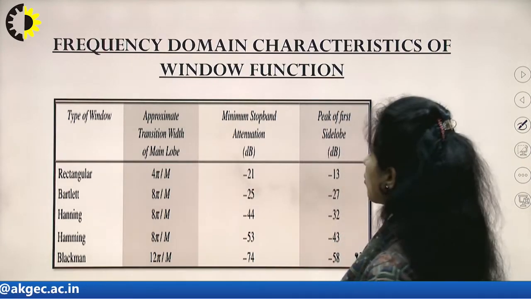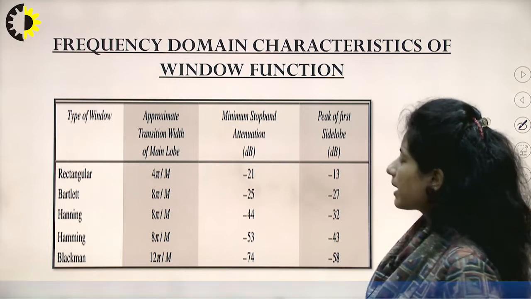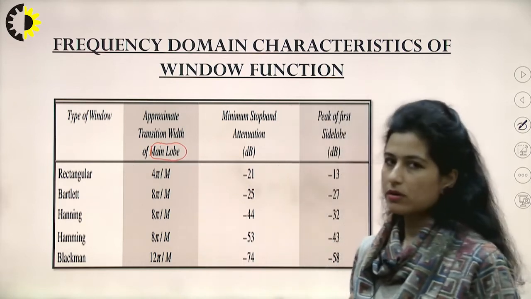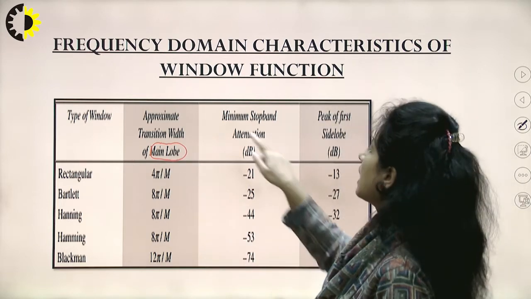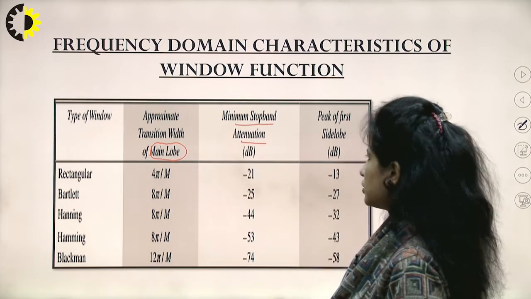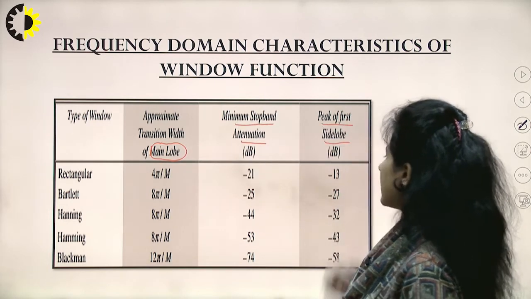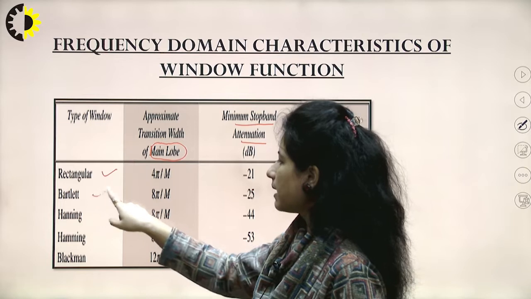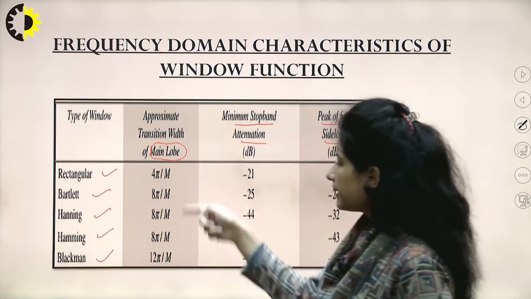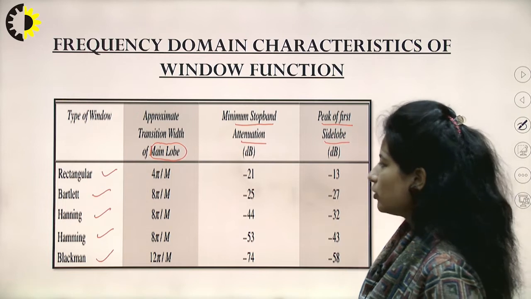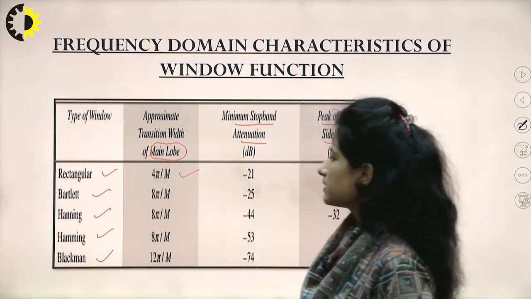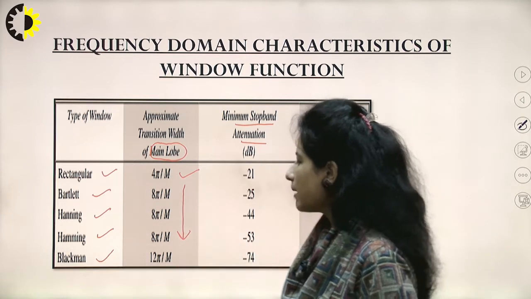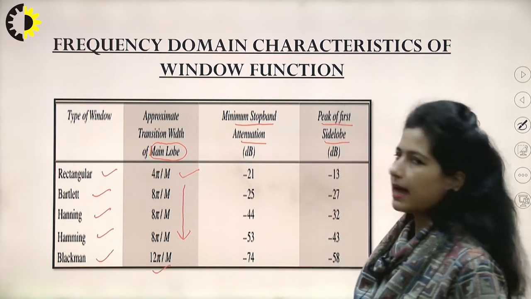So when we compare all these windows, I would compare on the basis of the main lobe, because I want the main lobe to be narrow to avoid the Gibbs phenomenon. I should have minimum stop band attenuation value, and the peak of the first side lobe should also be minimum. So what do I see with different windows, rectangular, Bartlett, Hamming and Blackman? I get different values of the width of the main lobe. Increasing: 4 pi by m is for the rectangular window, 8 pi by m is offered for Bartlett, Hamming, and I get the widest main lobe for the Blackman window.